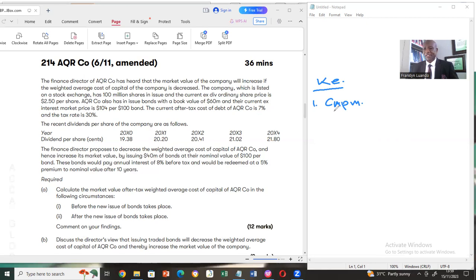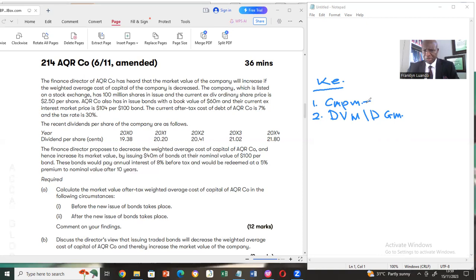Number two, we have the dividend valuation model or dividend growth model. So the method to use will depend on the information given.